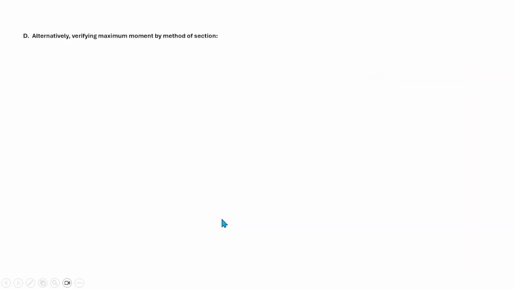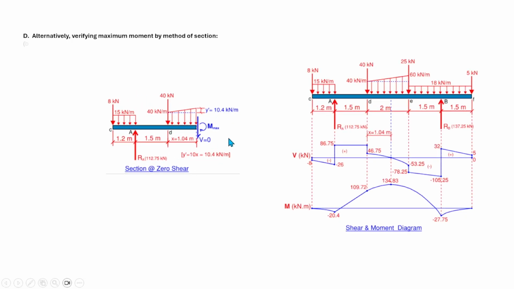Now we have an alternative solution to determine the maximum moment by method of section. Once we have determined the location of 0 shear, we can take the moment directly at this point. If we cut the beam at this point, we extract this point C up to the location where the shear is 0.